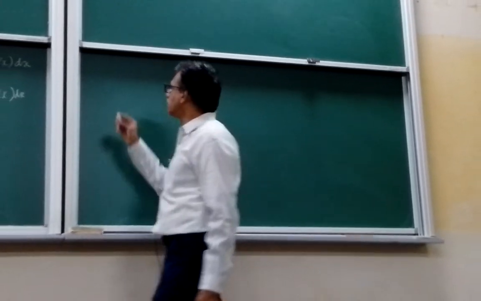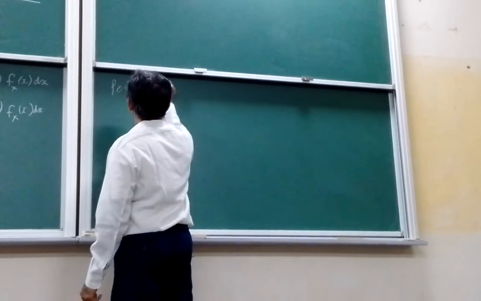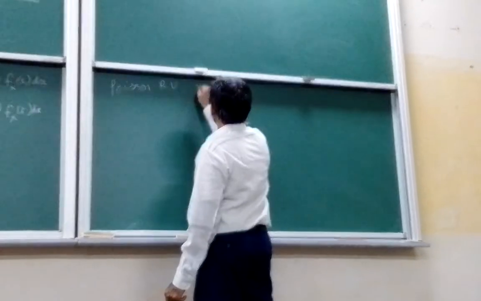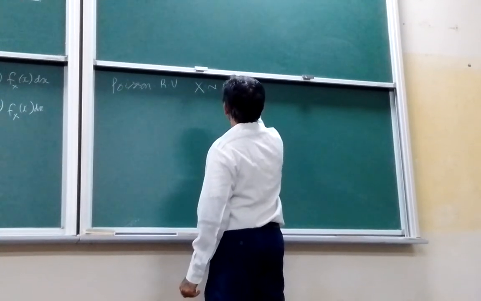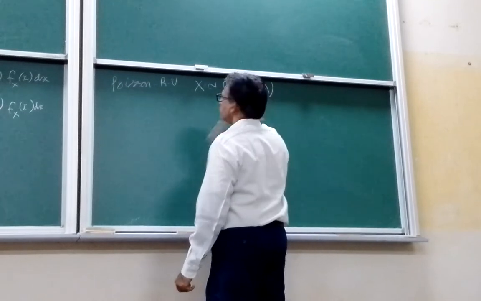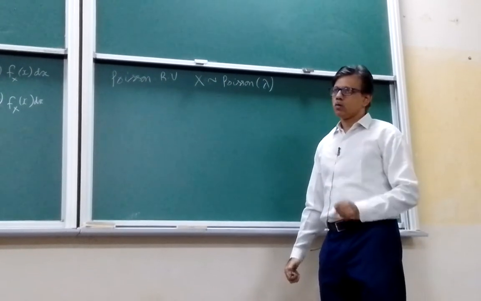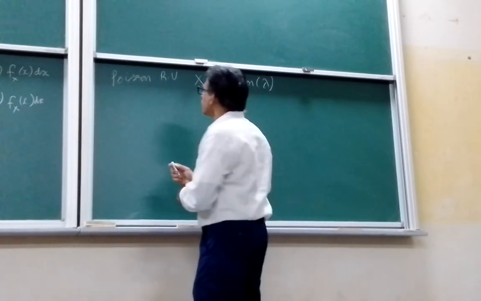Meanwhile, this can be arranged, and then projection, all these things can be done. Yeah, I will take 3 minutes. Then we will look at the Poisson random variable. X is Poisson with parameter lambda. Again we will use the Chernoff bound.